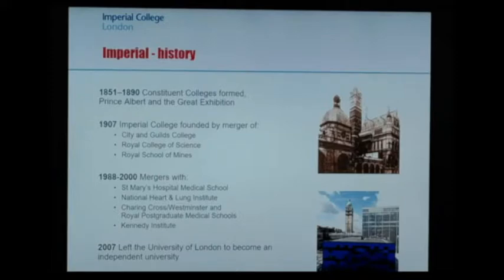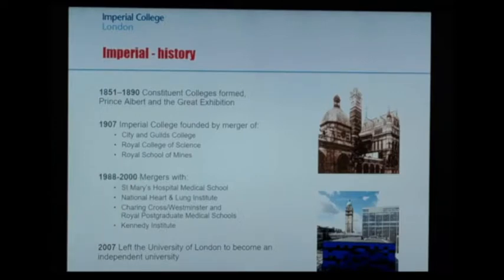If anyone's been to that area of London, you'll know that it's full of museums and Imperial College, and all of that came from this great exhibition, which was basically showing off to the world everything that England had at the time. So there were various colleges that formed at around that time. In 1852, City and Guilds College Institute, which ultimately became the College of Engineering inside Imperial College, Royal College of Science, Royal School of Mines.